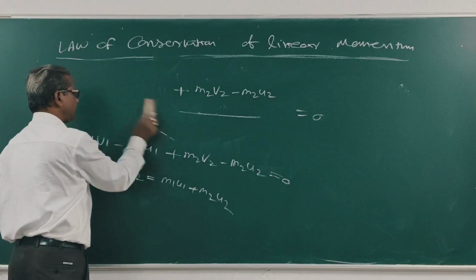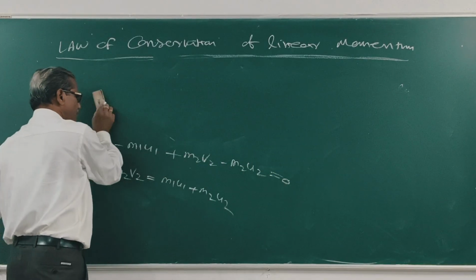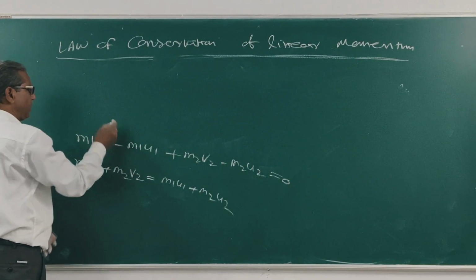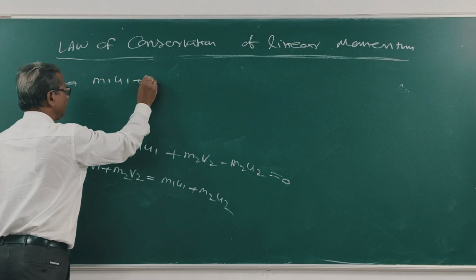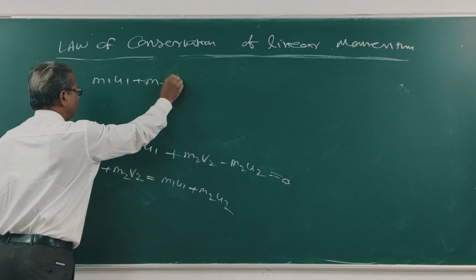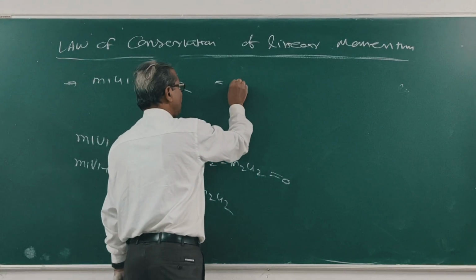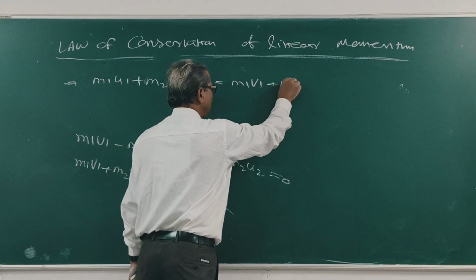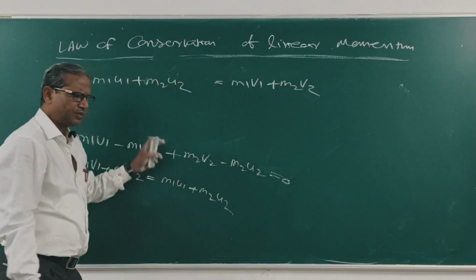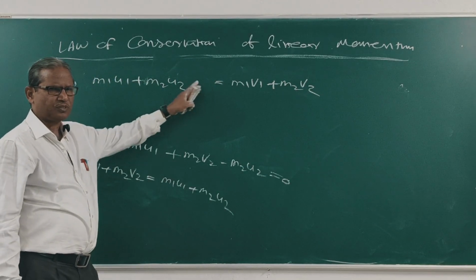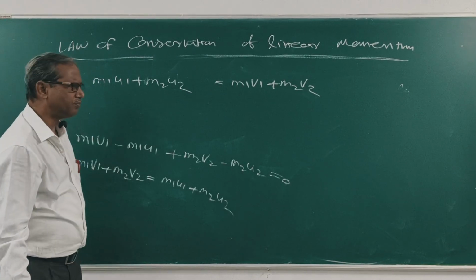This implies m1 u1 plus m2 u2 is equal to m1 v1 plus m2 v2. What is this? Total initial momentum. This is total final momentum.